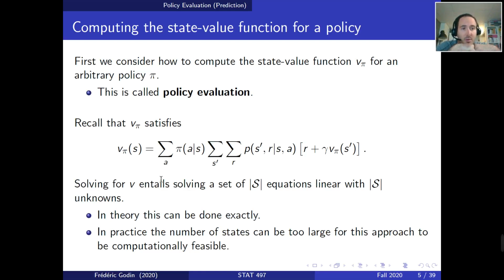You cannot do that. There are too many equations. Numerically, it's just not feasible. So this approach of calculating v pi through solving a system of linear equations can work well if there are not many states, but if the number of states is too large, then it becomes impossible.